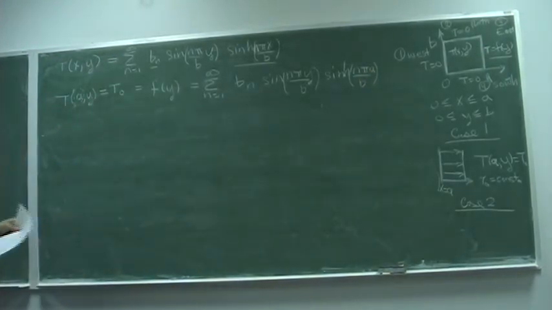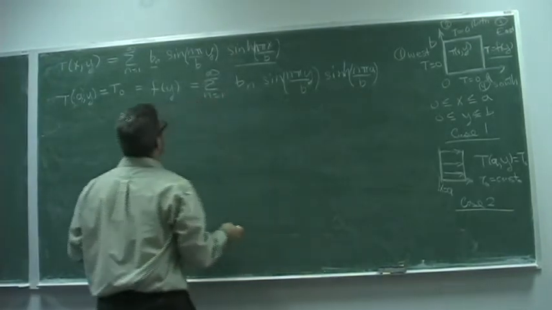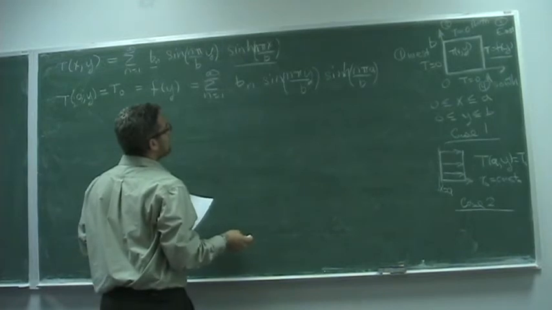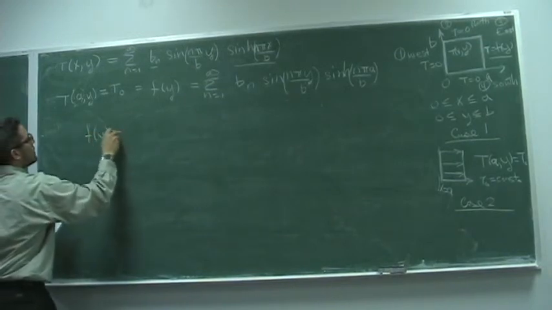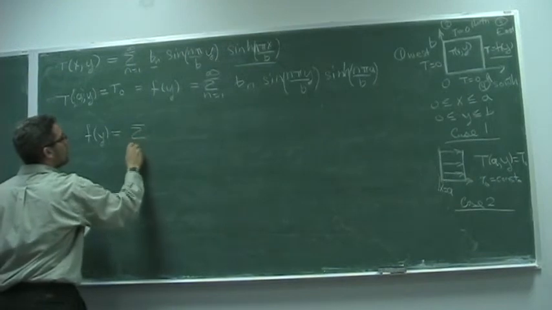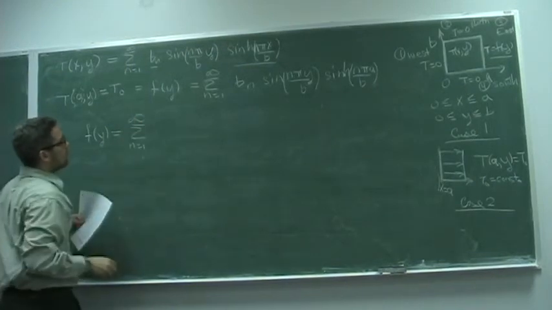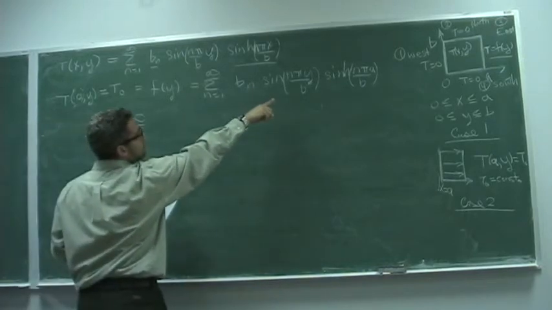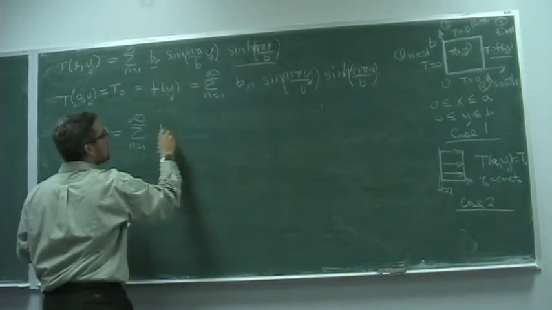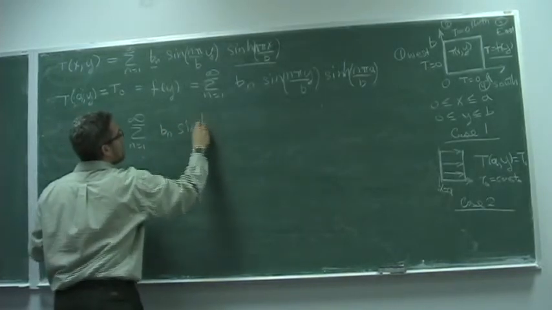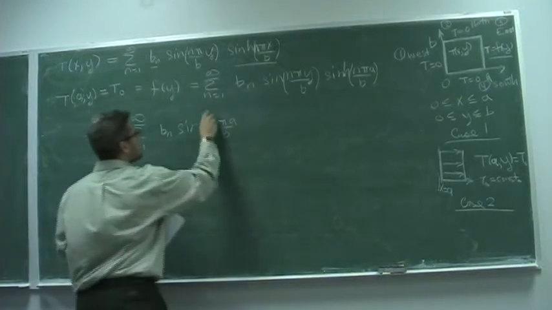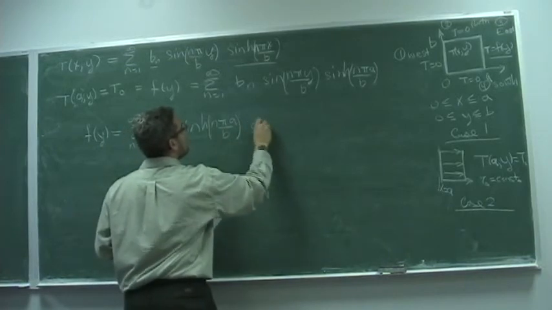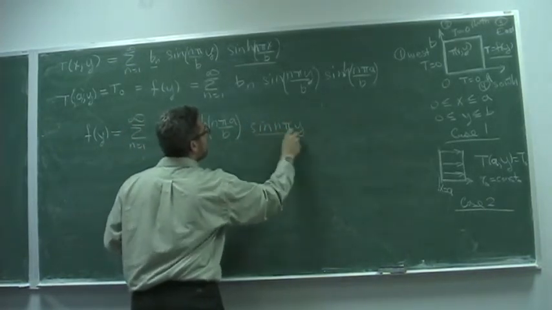Now this looks an awful lot like a Fourier series, so we can rewrite it. The function of y equals the summation from n equals 1 to infinity of b sub n, which is a constant, times sine hyperbolic n pi a over b, which is really a constant as well, times sine n pi y over b.